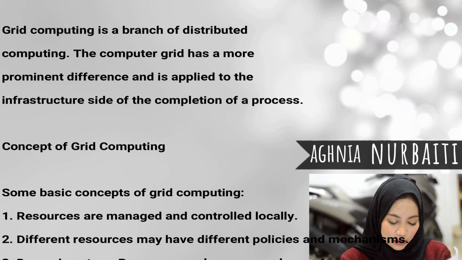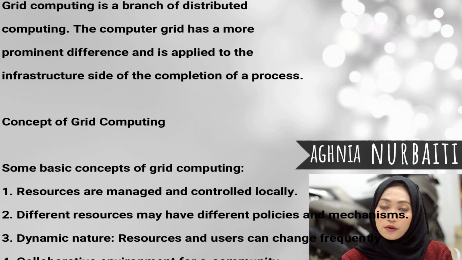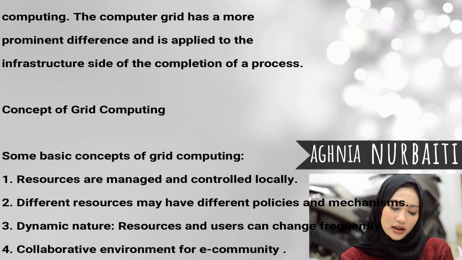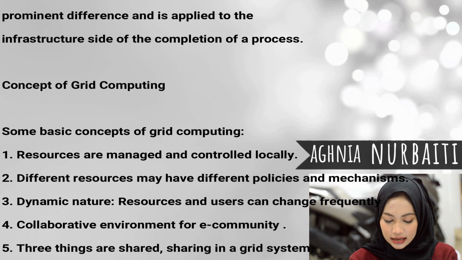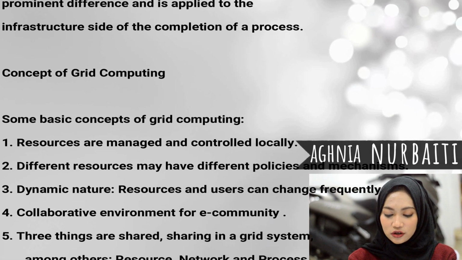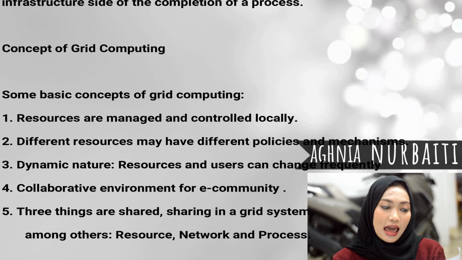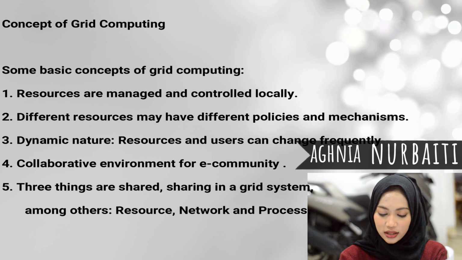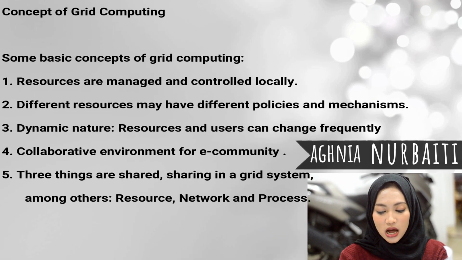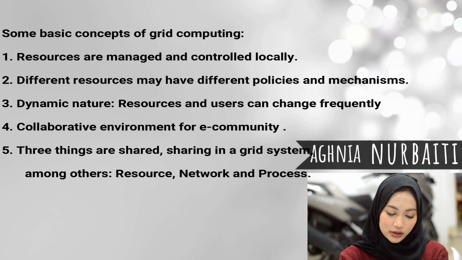Third, dynamic nature. Resources and users can change frequently. Fourth, collaborative environment for a communicative or electronic community on the internet. And the last one, three things are shared in a grid system, among others: resources, network, and processes.